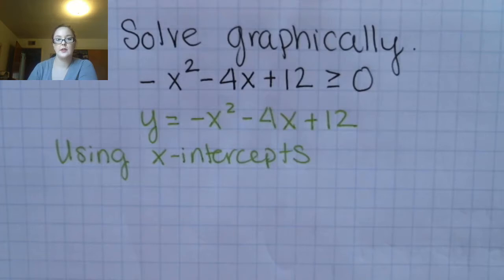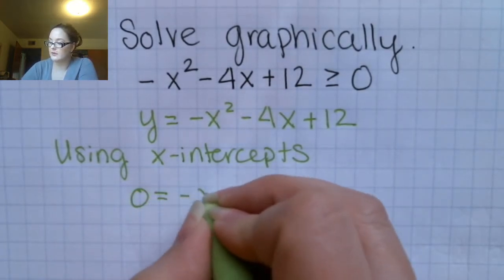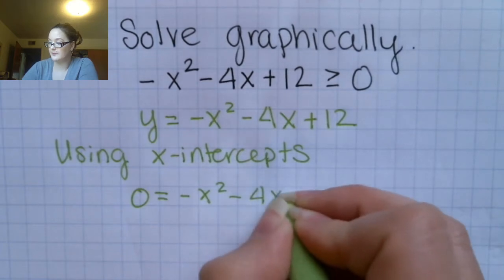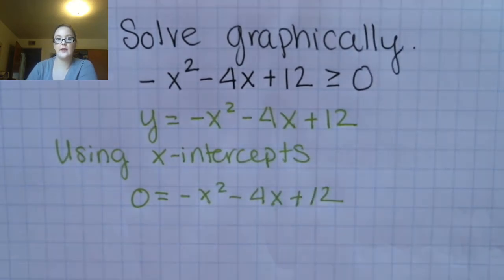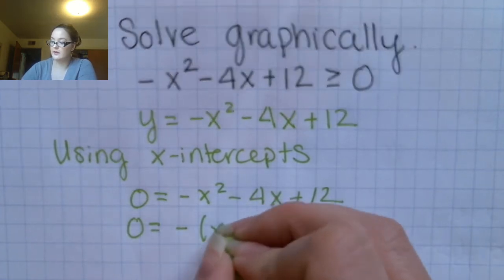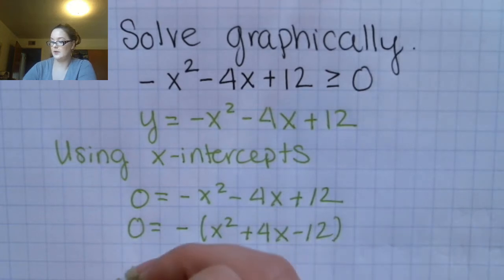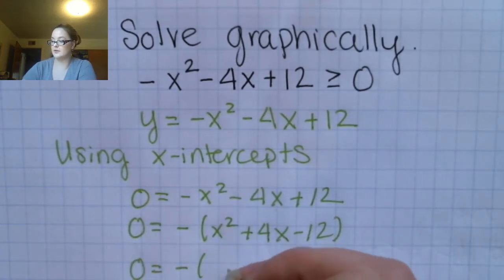Okay. So I'm going to find my x-intercepts by setting y equal to 0. Okay, and then factoring. So I'm going to factor out a negative here. Okay, and then I'm going to factor what's left.